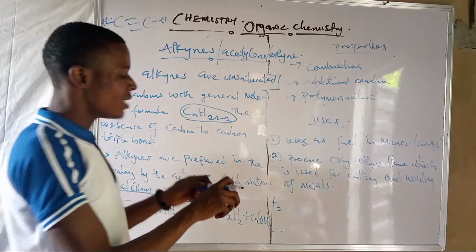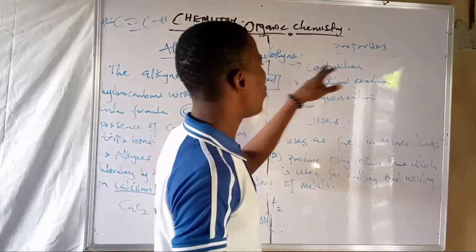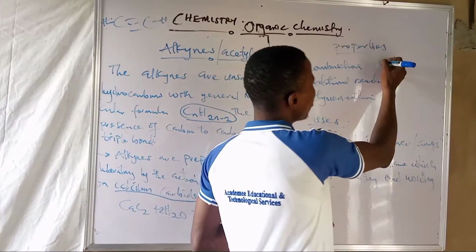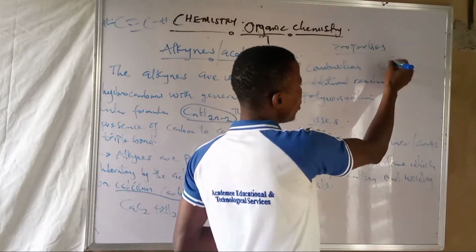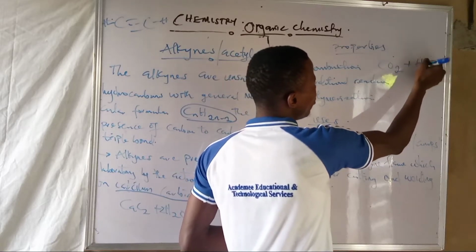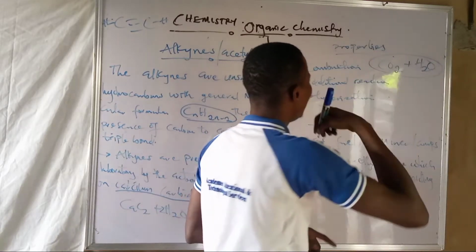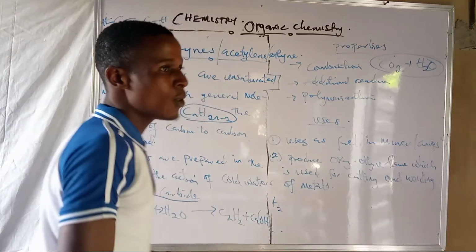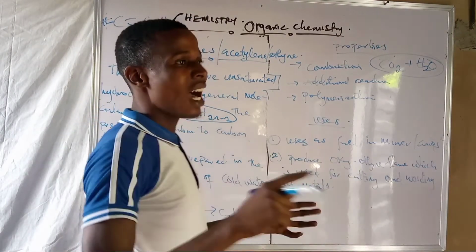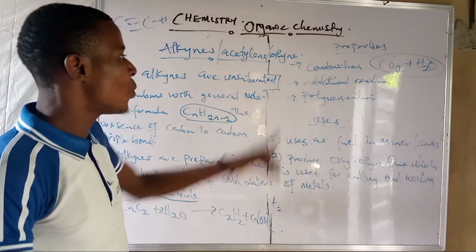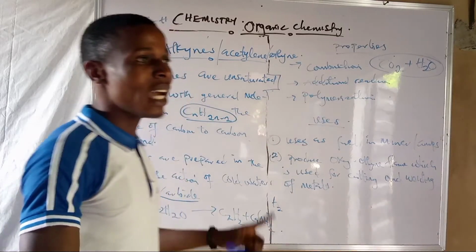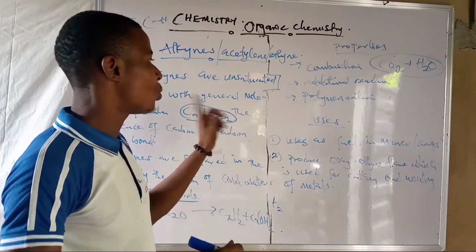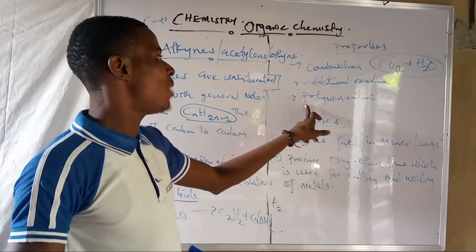So let's move on to the properties now. The chemical properties. Combustion. Like I said, all hydrocarbons burn in air to give us CO2 plus H2O. Put this at the back of your mind. Alkynes also undergo addition reaction. Alkyne and alkene undergo addition reaction, while alkane undergoes substitution reaction. Then polymerization.